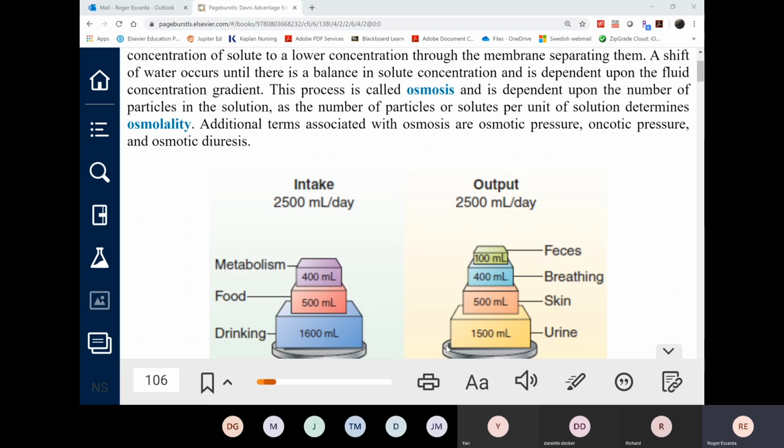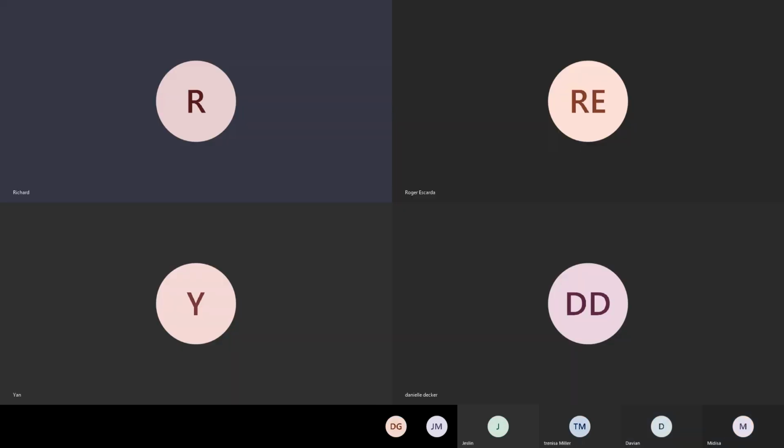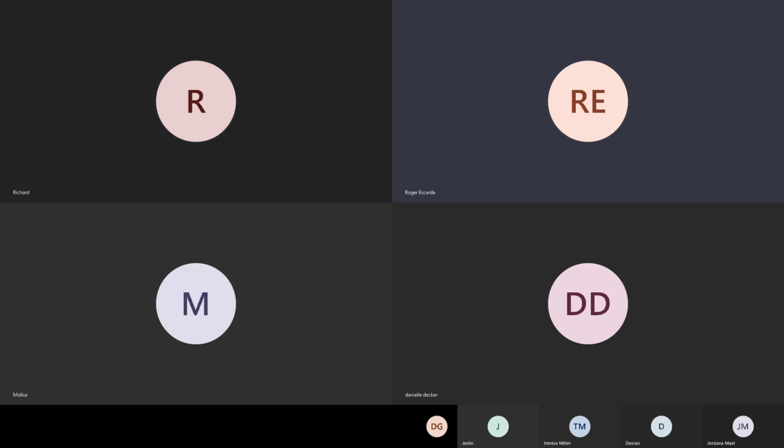I thought diffusion was only for gases, and I thought they both move from a greater concentration to a lesser concentration. Yeah, that's a movement of solutes, but for osmosis, it's from an area of lesser to greater. Let me demonstrate.